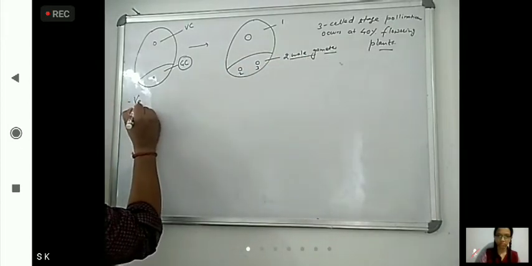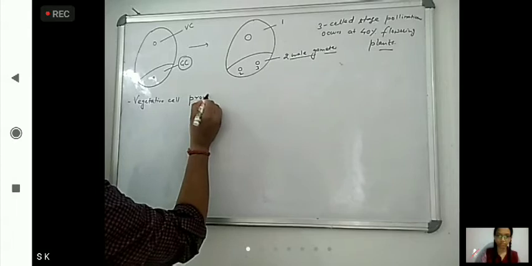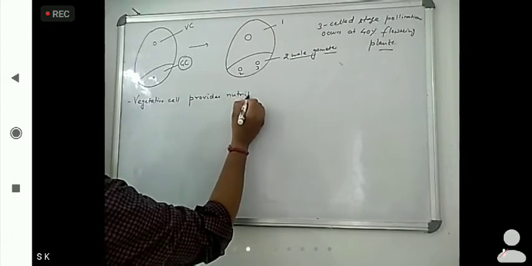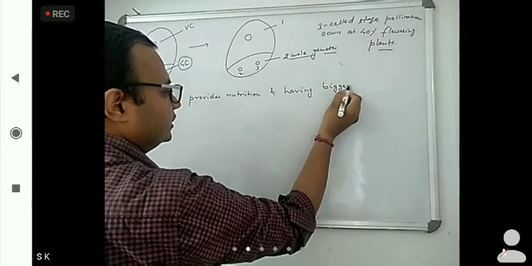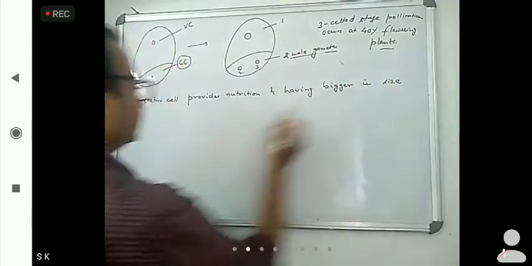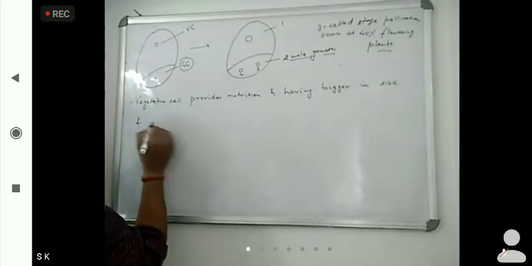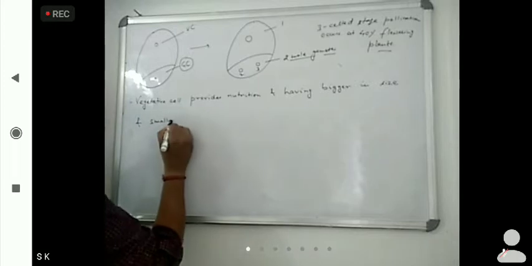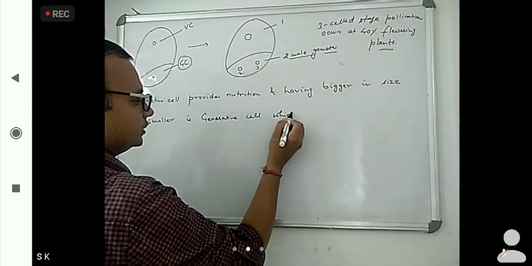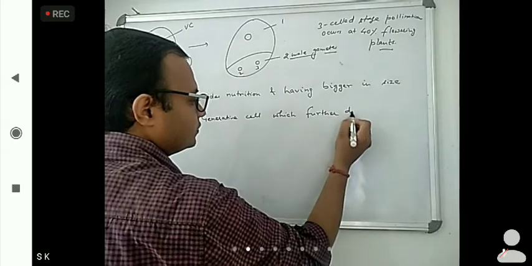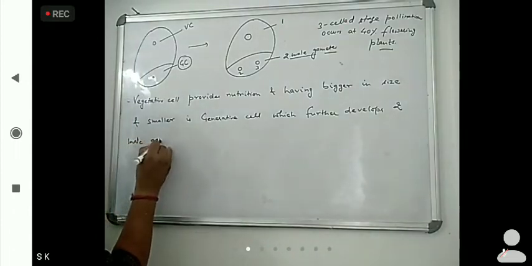So the vegetative cell provides nutrition and is bigger in size, and the smaller one is the generative cell, which further develops into male gametes.